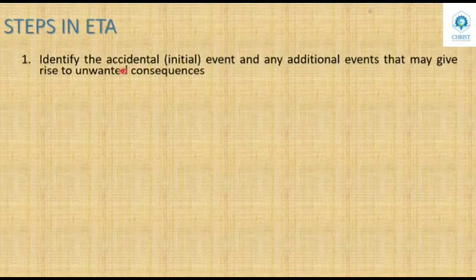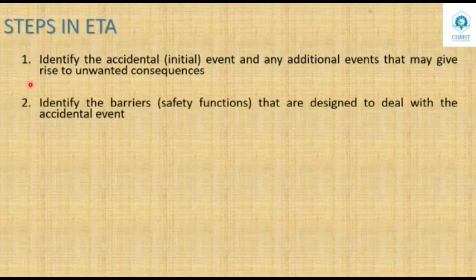Then the steps in ETA. Identify the accident, for example the explosion. Identify the accidental or initial event and any additional events that may give rise to unwanted consequences, as you can see in the figure on the last slide. Then identify the barriers, like safety functions or fire sprinklers, that are designed to deal with the accidental event. Here the sprinkler is designed to deal with the fire breakout.